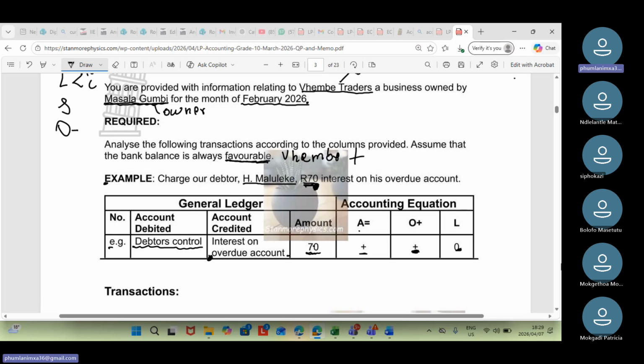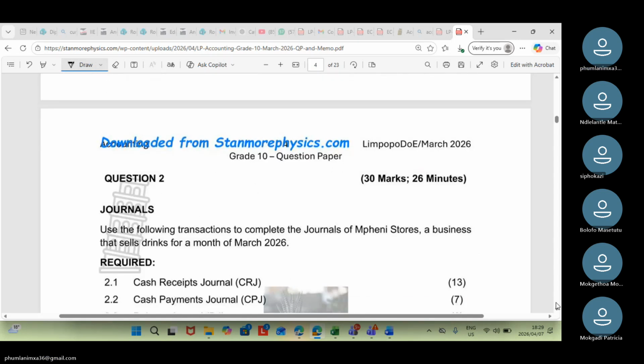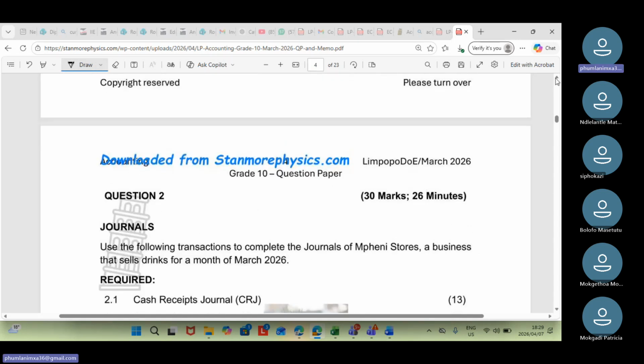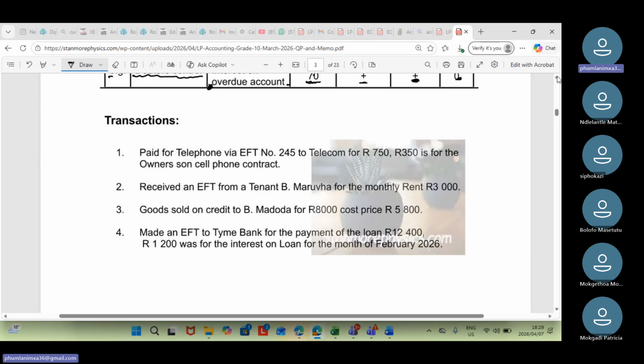So we are now going to our transactions. I think it's just 4 transactions. Maybe we only need at most 20 minutes and then we'll be done. Okay, let us proceed. Transaction number 1.